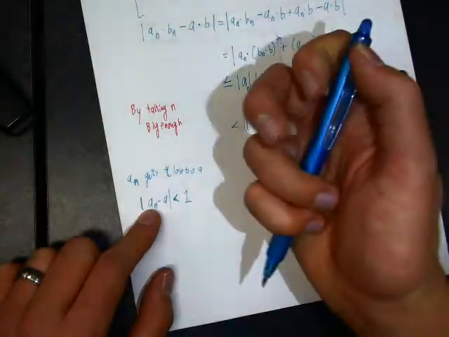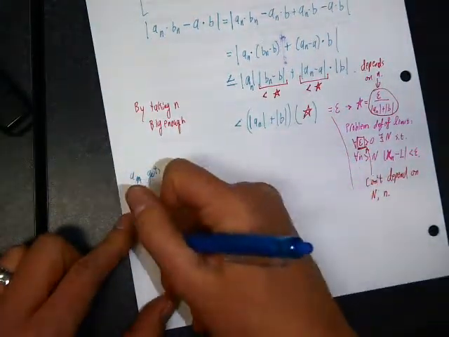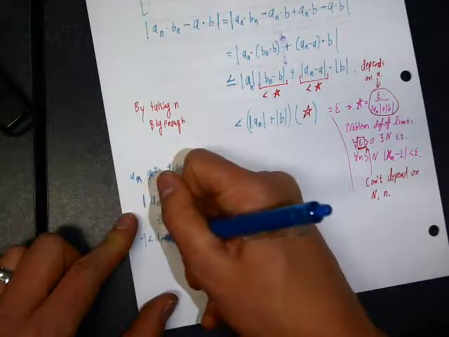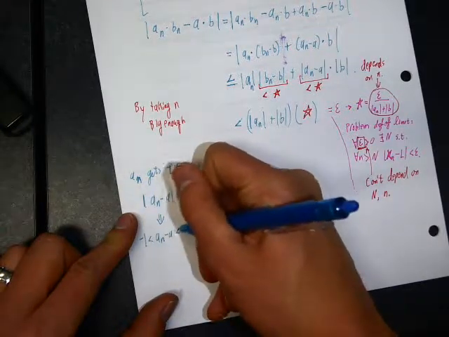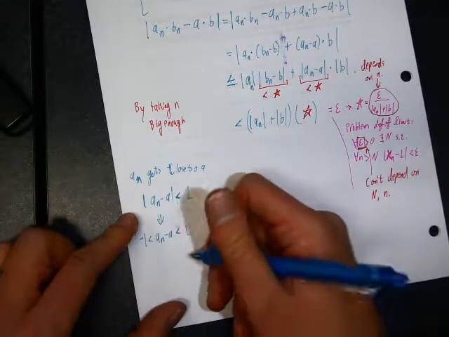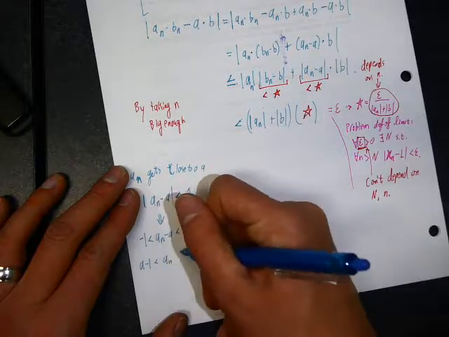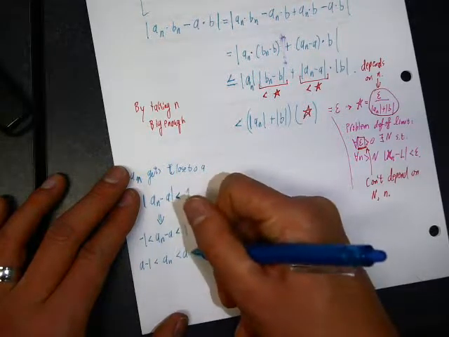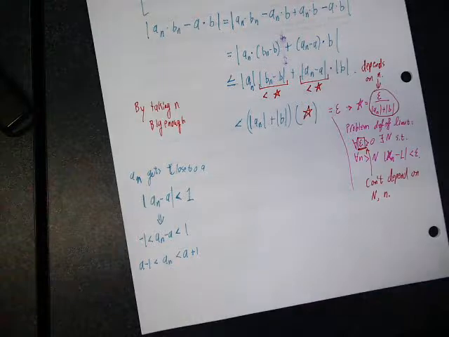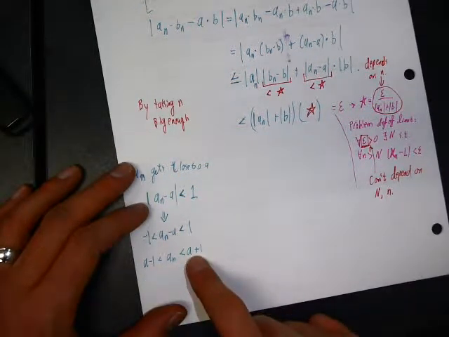So what will this imply? This will imply negative 1 is less than a sub n minus a is less than 1. So what does that mean? That means a minus 1 is less than a sub n is less than a plus 1. So a sub n is somewhere between a minus 1 and a plus 1.